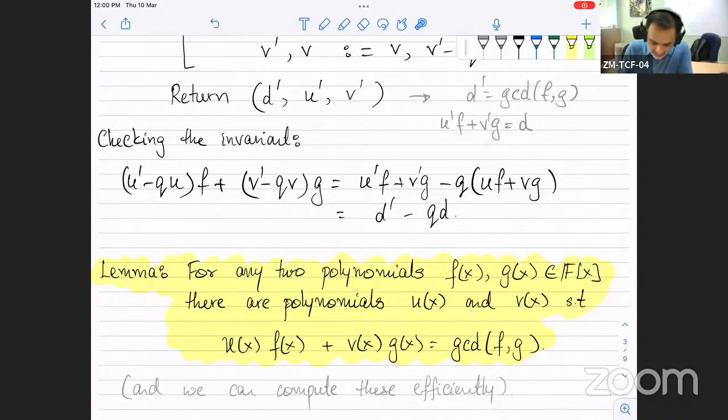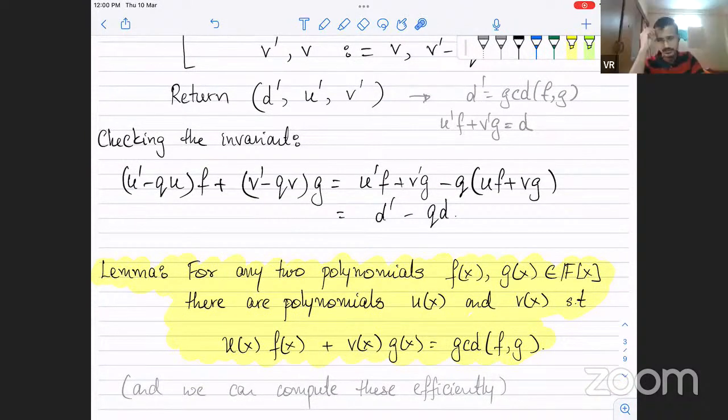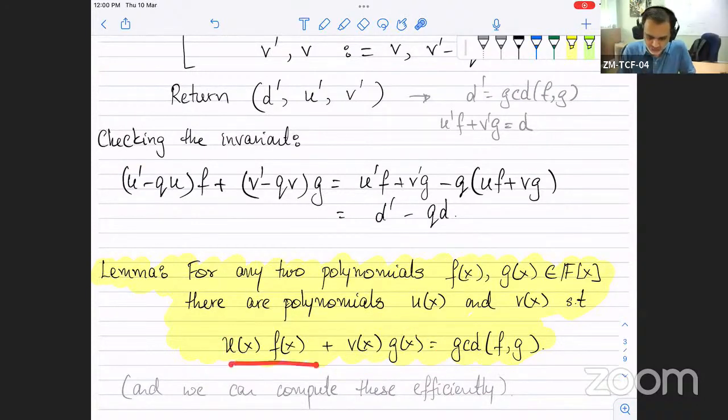Because the point is, if f and g had a non-trivial factor, that would continue to be a factor of whatever you create here. So if someone shows you how to get 1 out of this, you are forced to admit that f and g can't have any factor, because that factor would have to divide 1, but nothing divides 1.